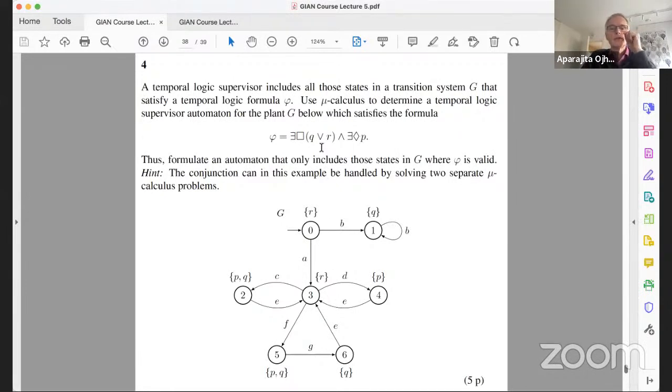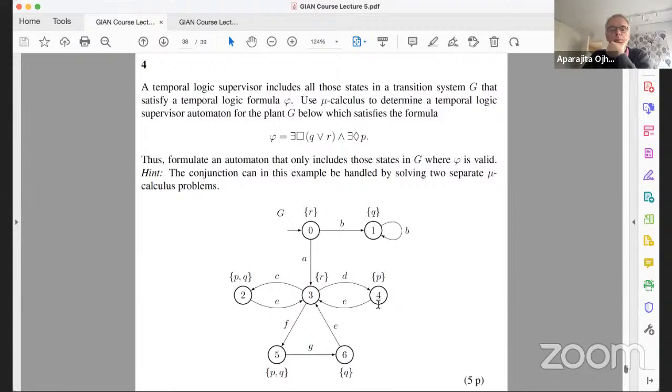And then the question: do we have Q or R? Here we have R, here we have Q, here we have R, here we have P. So that's a problem with the first specification.